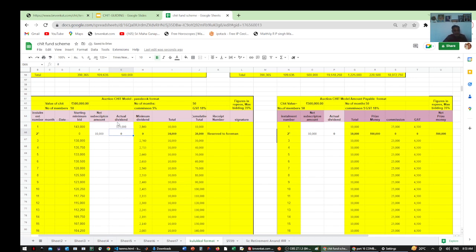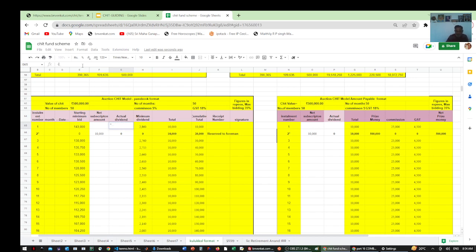That is 3,25,000. Sorry, the minimum dividend of 1,43,000 is equal to 1,43,000 divided by 50 members, which is 2,860. But our actual dividend is 1,75,000.